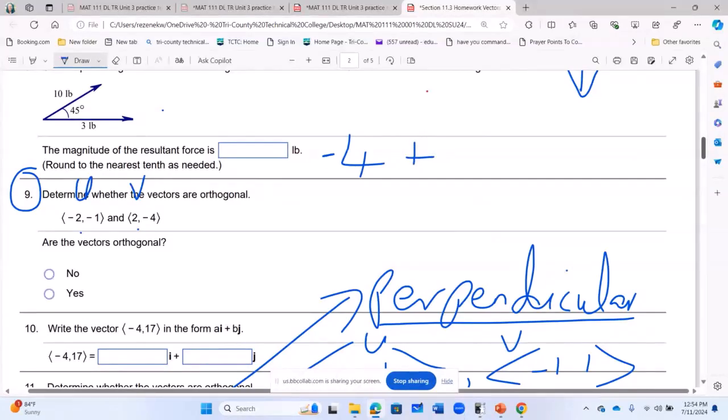Plus -1 multiply -4 is +4. If I add them together, I have 0. So the two vectors are orthogonal. In other words, u dot v is 0. The two vectors are perpendicular. So it's not even a big deal.